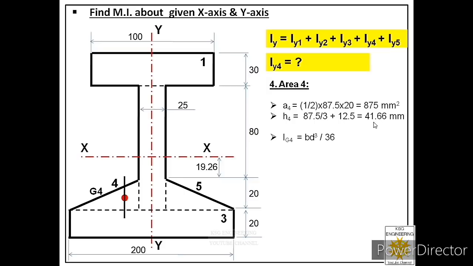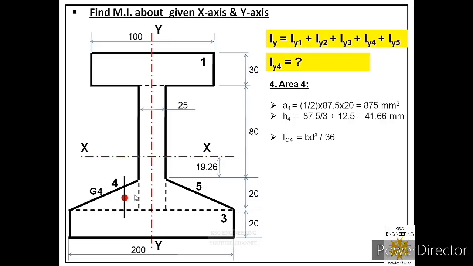Now we have to find Ig4, that is the area moment of inertia of area 4 about the centroidal axis. For a triangular area, the moment of inertia about the centroidal axis is given by the formula BD cubed by 36.